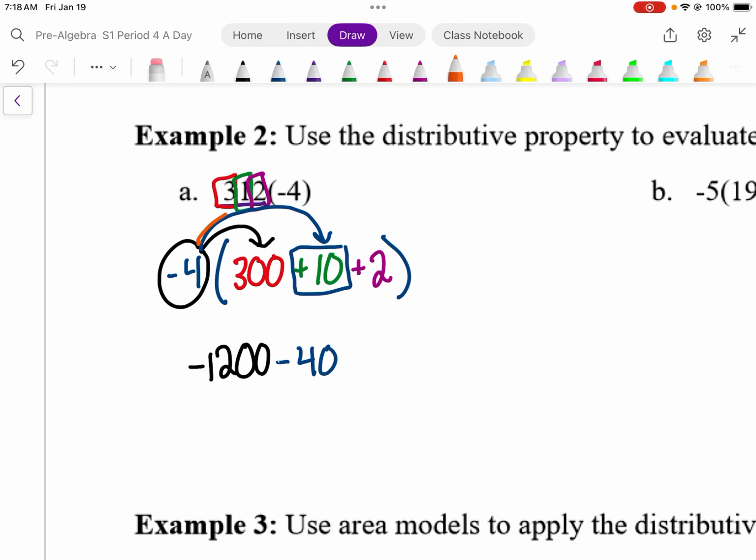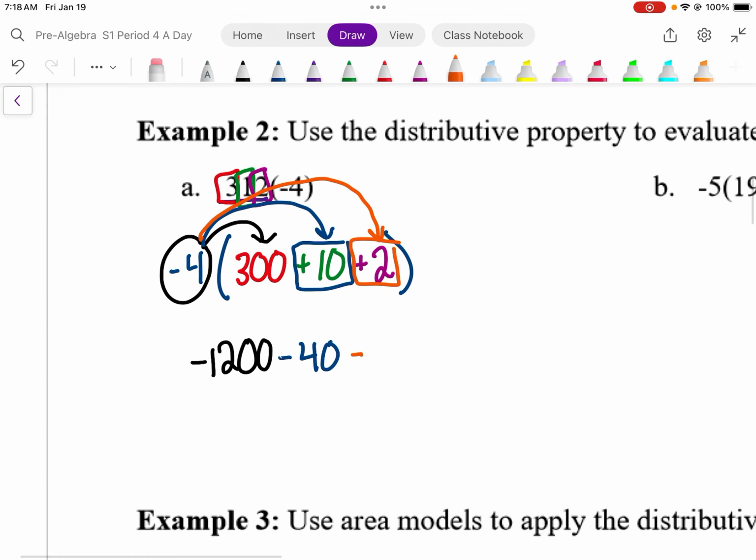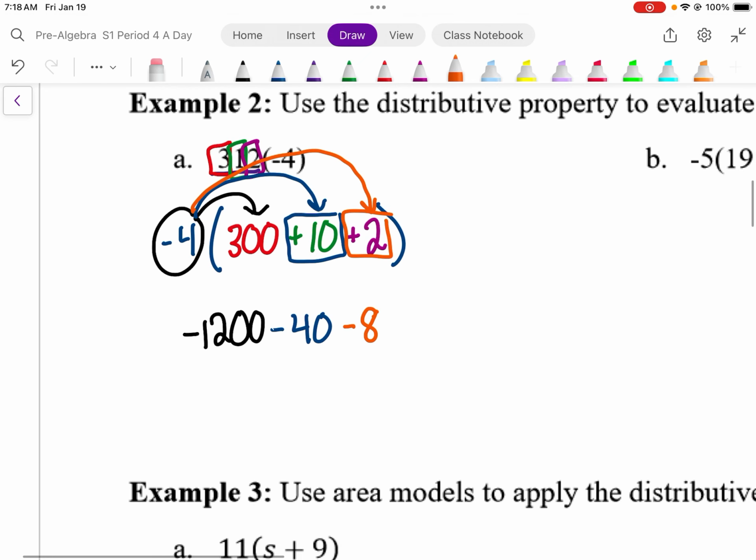And lastly, negative 4 times a positive 2 would be a negative number. 4 times 2 would be 8. So by breaking up the number and using the distributive property, we're able to break it up into numbers that are easily multiplied without using a calculator.